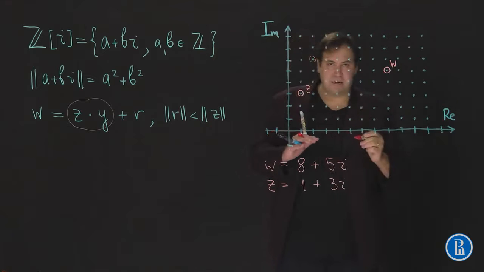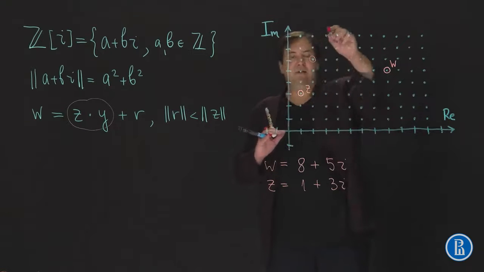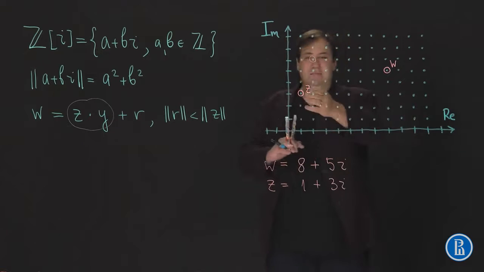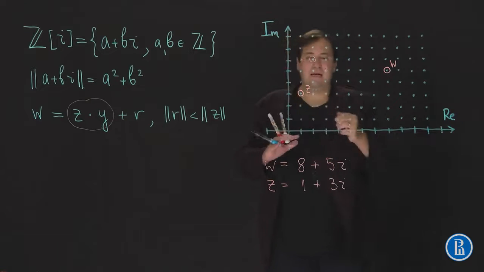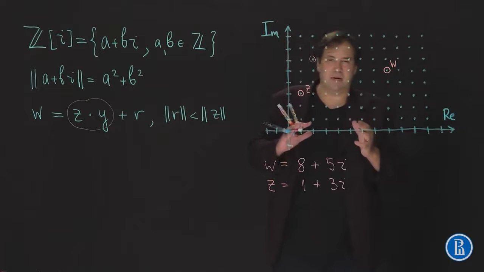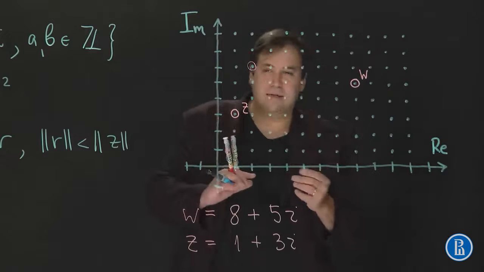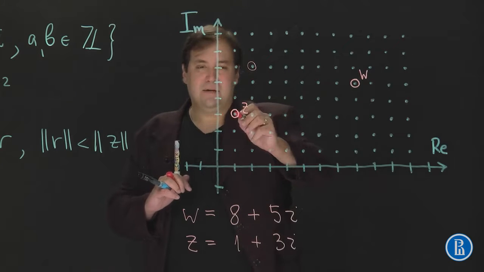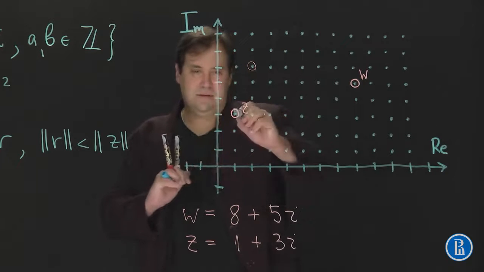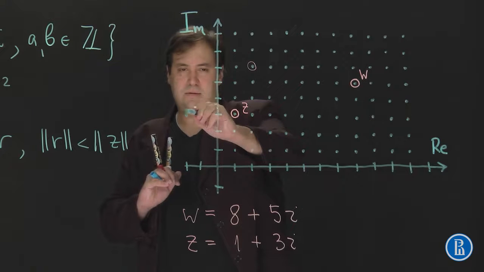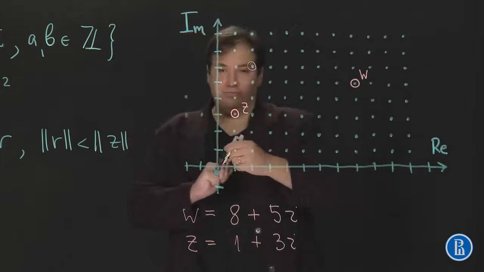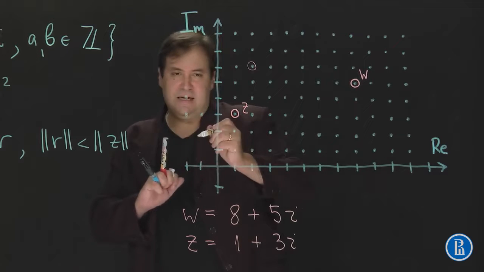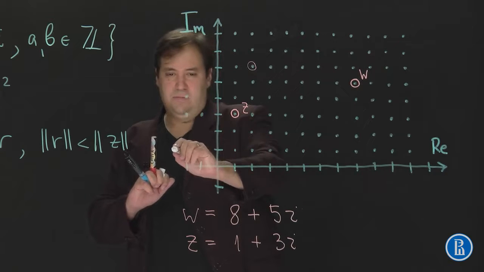This is 2 multiplied by z. z multiplied by 3 will go beyond our part of the complex plane. z multiplied by minus 1 will go down. And what about z multiplied by i or minus i, where i is the imaginary unit? z multiplied by i will take us over here somewhere.